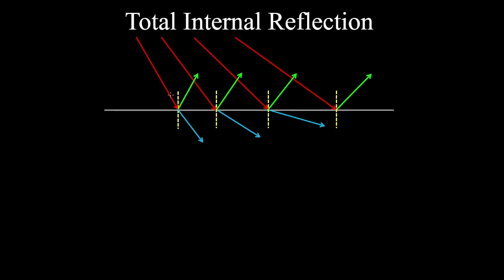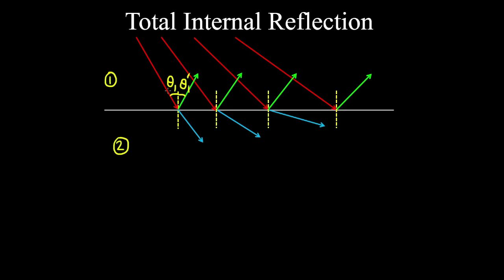Recall that we had an incident beam of light traveling from a medium 1 to medium 2. We had theta 1 as the incident angle and theta 1 dash as the angle of reflection.